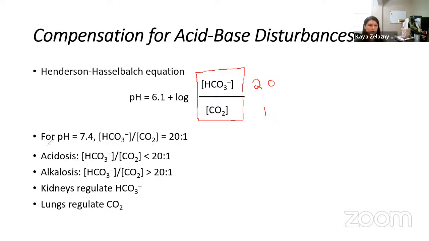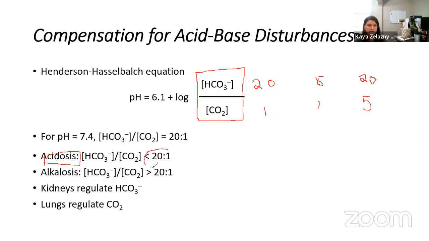So we want to have a lot more bicarbonate than we have carbon dioxide. Okay. So if this ratio gets too low, say our bicarbonate went down to 15, so then it was 15 to 1, that would be a problem, right? That would be acidosis. Or flip side, same thing, if we kept it at 20, but our carbon dioxide went up to 5, that would be acidosis, right?